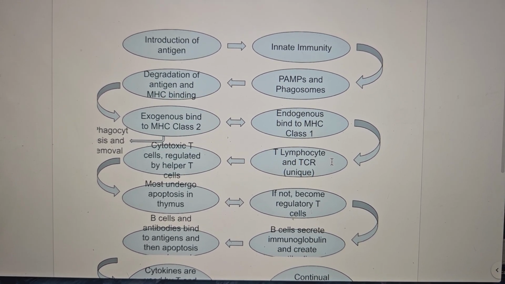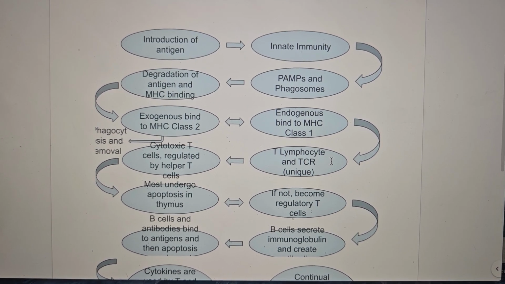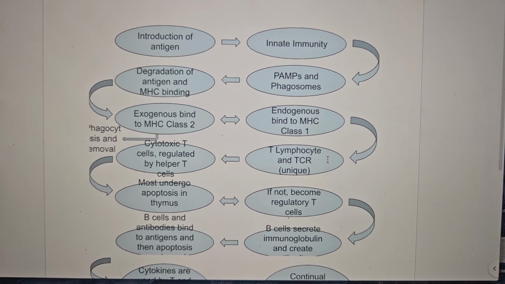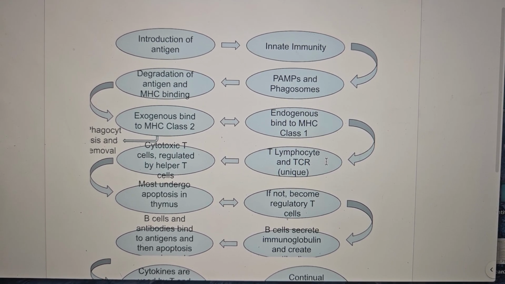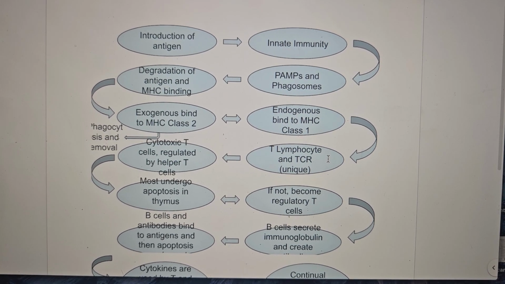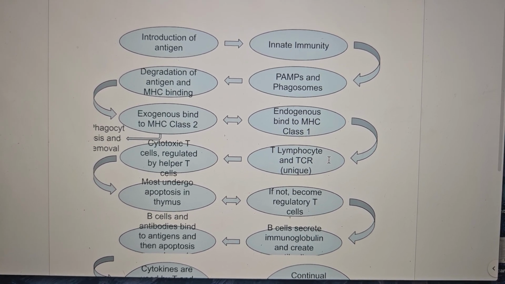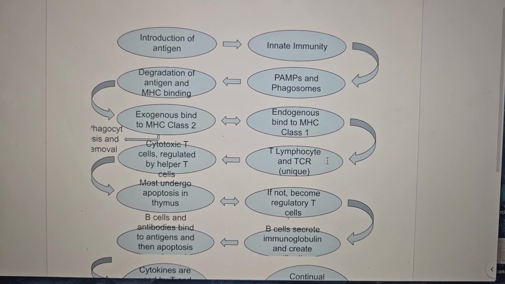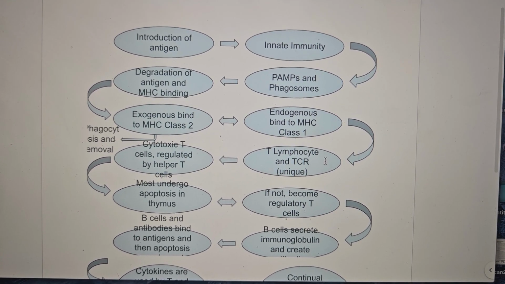But the first one is the exogenous microbials, which are bound by the MHC class 2, which goes through phagocytosis and then is removed. These processes are just dependent upon the microbe and what is going on.